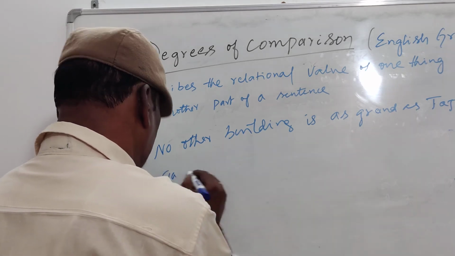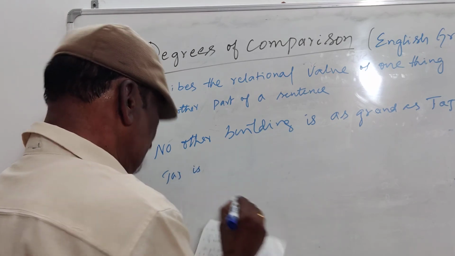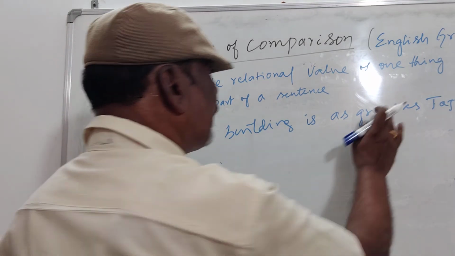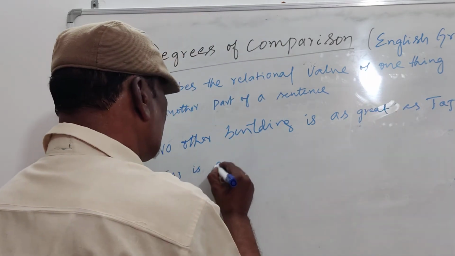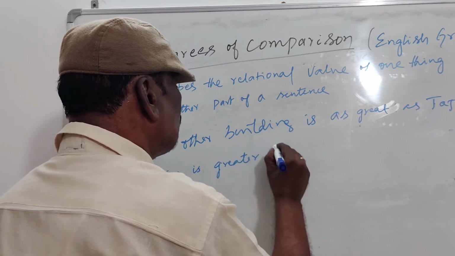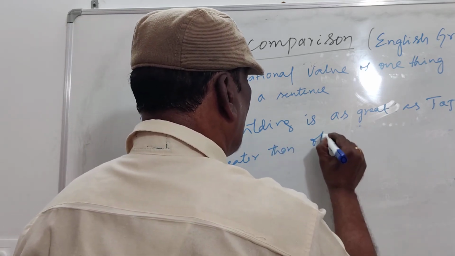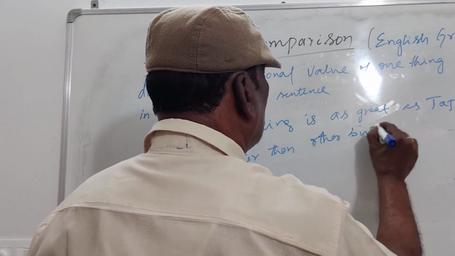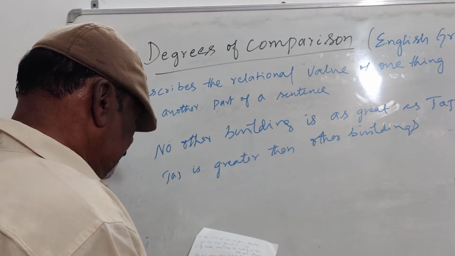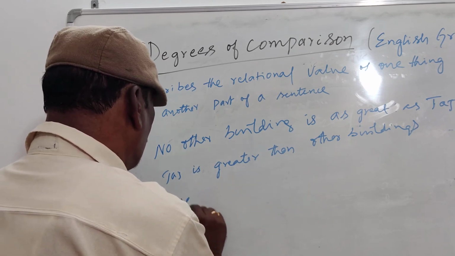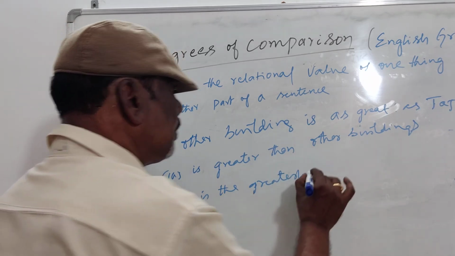Taj is greater than other buildings. Superlative degree: Taj is the greatest building.